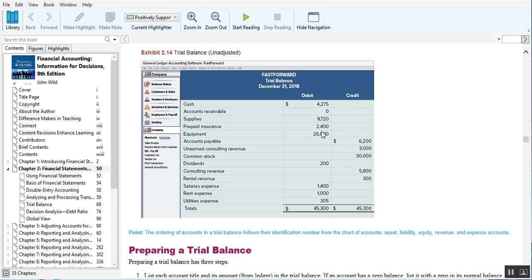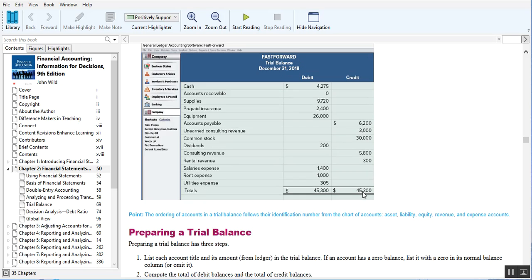Now, when you're doing a trial balance, the most important thing is you get the balance of the account you're looking at in the correct column. So debit column on the left, credit column on the right. The goal is that when you get done with all of the debit and credit balances, you will have the same amount in each column, debits and credits.